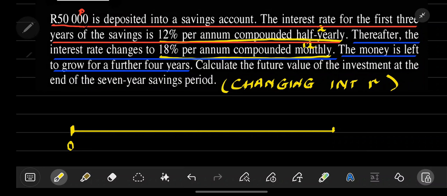The first 3 years, and then the 4 years that follow. So let us demarcate our timeline into 7 years. This is going to be year 7. Let's just say that this is year 1, year 2, year 3, year 4, year 5.